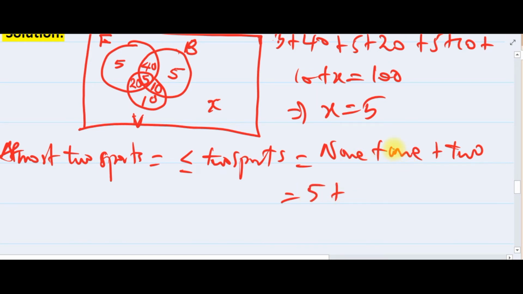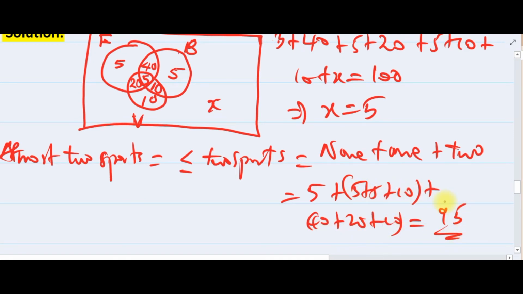How many like 1 sport? 5 plus 5 plus 5 plus 10. And how many like 2 sports? That's 40 plus 20 plus 10. So this is 70, 80, 95. So that should be 95. The answer is 95.